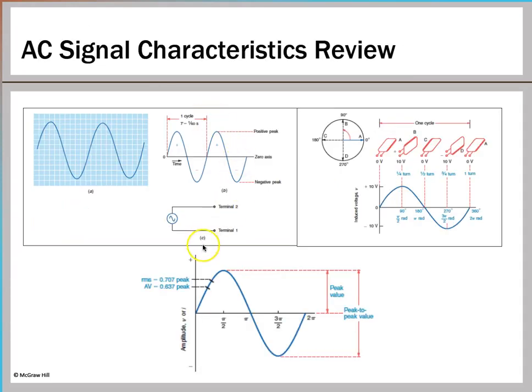Now next is the AC signal characteristics review, and here you see the AC signal. We are going to briefly cover the important points in the signal. This complete cycle is called your period.